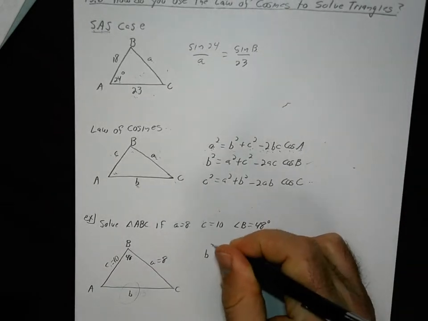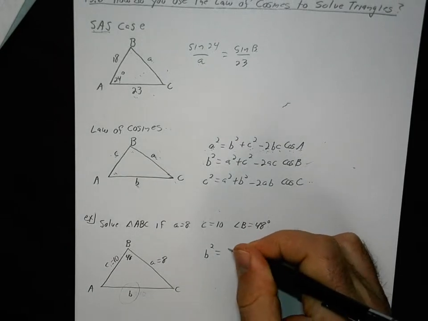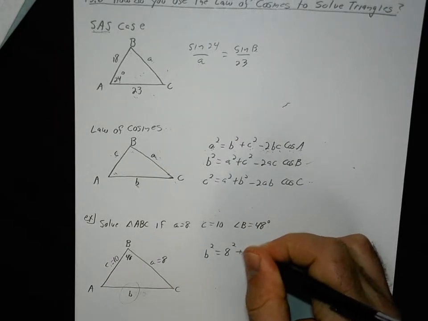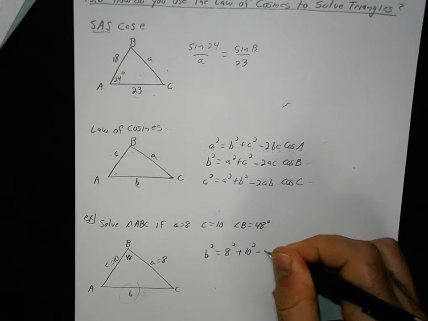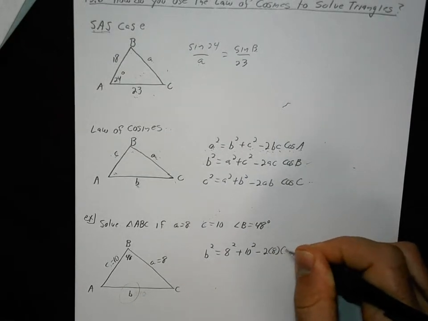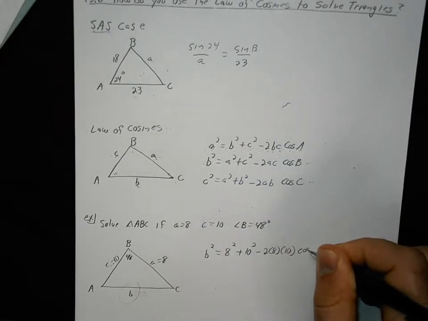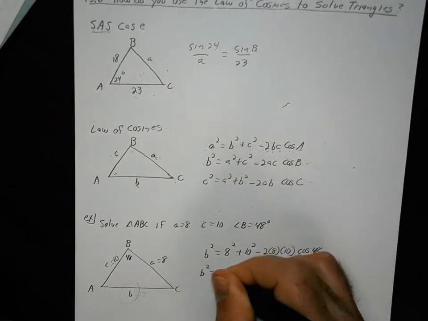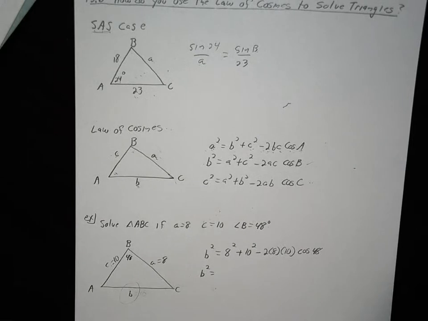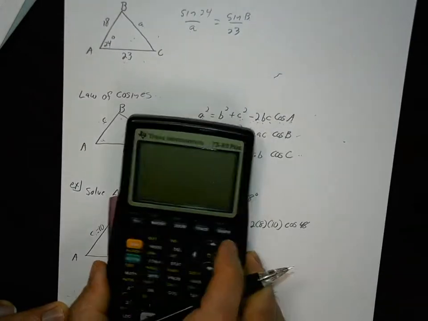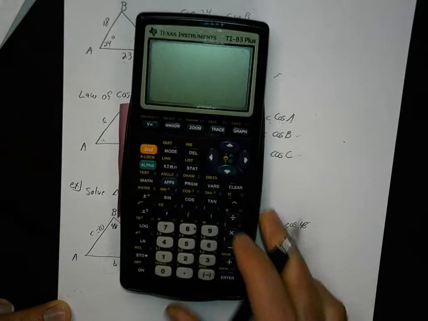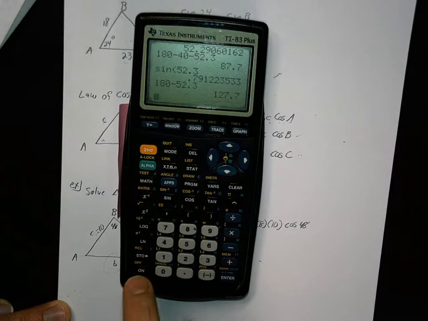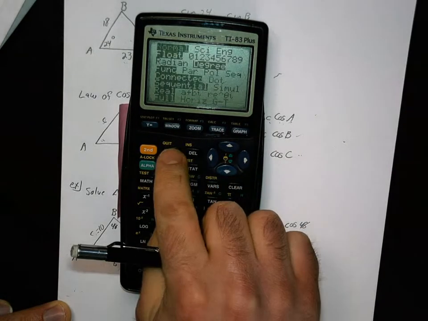So I'm going to go B squared equals 8 squared plus 10 squared minus 2 times 8 times 10 times the cosine of 48. Now if I was going to put that into my calculator, let's just make sure I'm in degree mode.